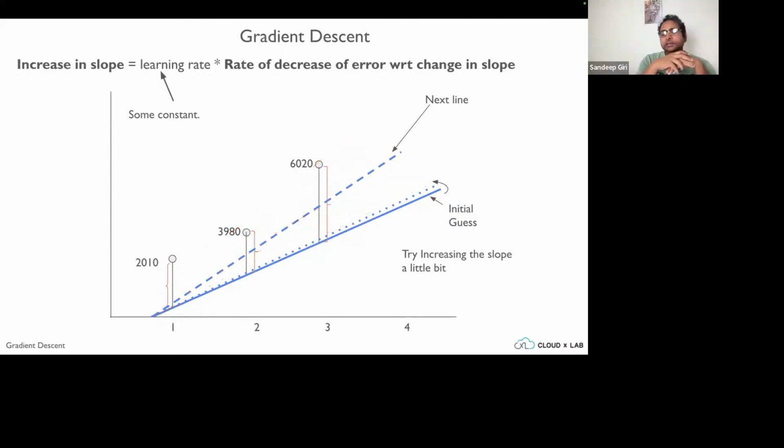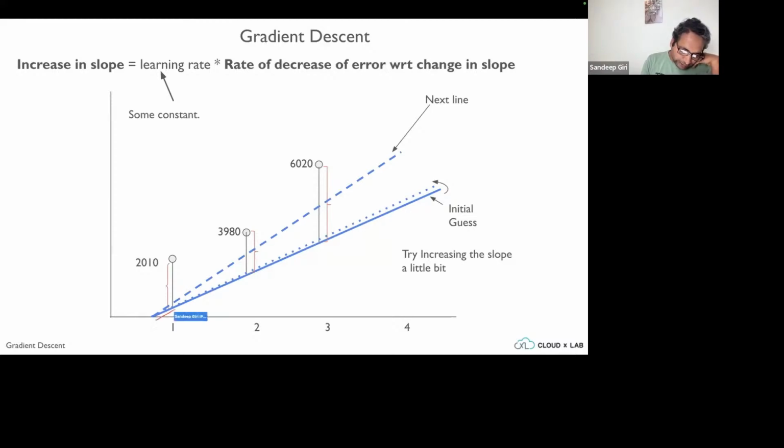So the only thing you have to keep in mind: if your error is not dropping fast, just increase your learning rate a little bit. If your error is jumping, increasing rather than decreasing every time, that means you are jumping too much.